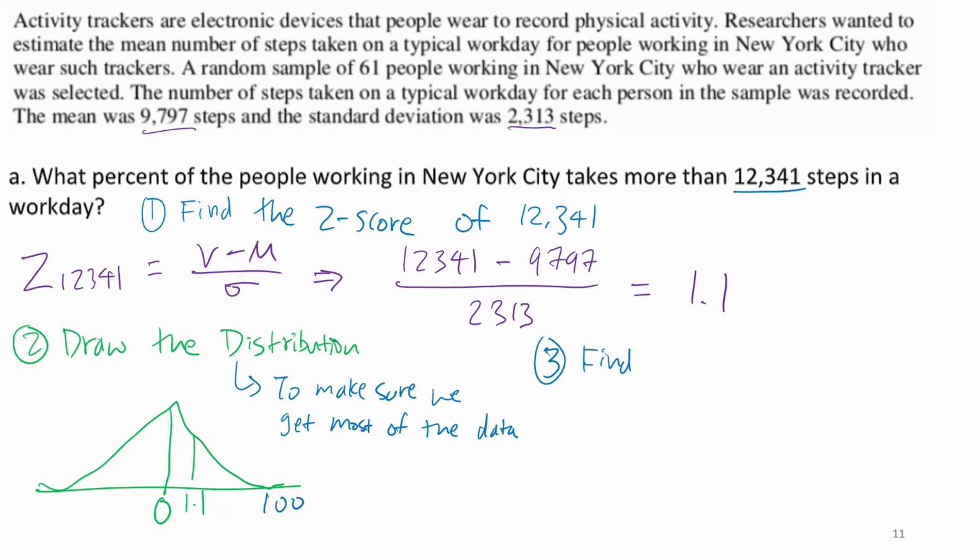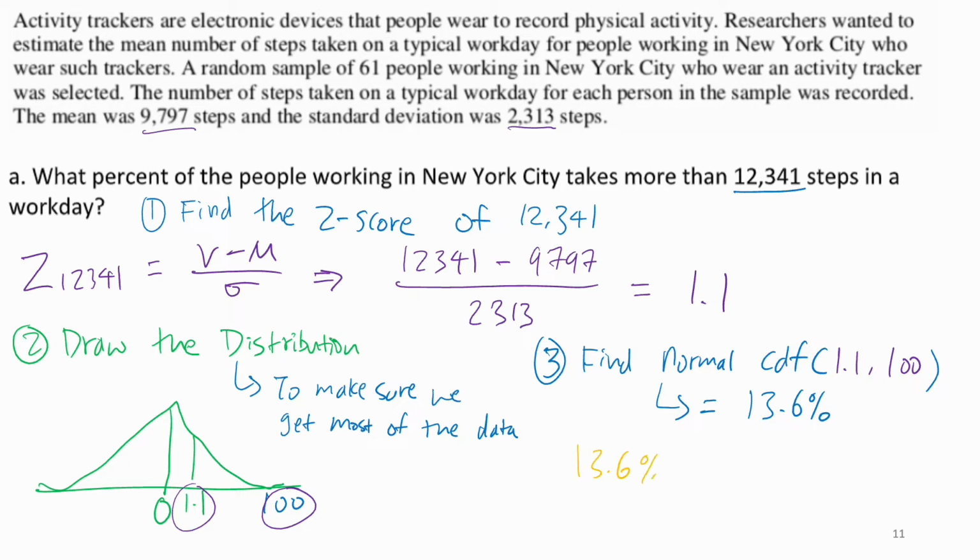Next, we're going to find normal CDF of 1.1 and 100. So that equals 13.6%. So the answer is 13.6% of the people working in New York City take more than 12,341 steps in a work day.